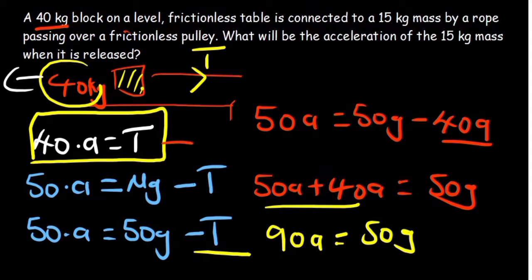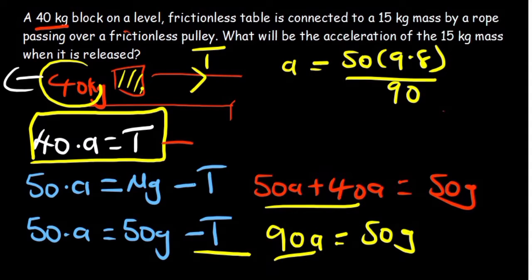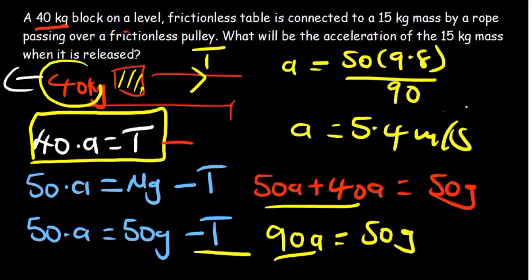So a is 50 multiplied by 9.8, which is 50g, divided by 90. Basically, our acceleration is a equal to 5.4 meters per second squared. And that's it for this question.